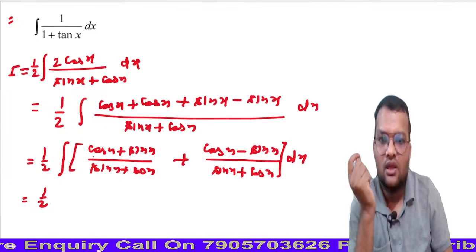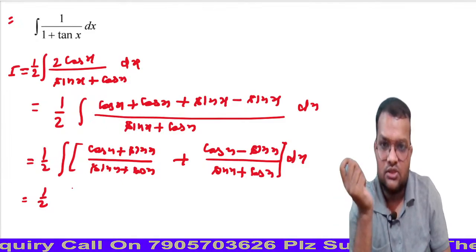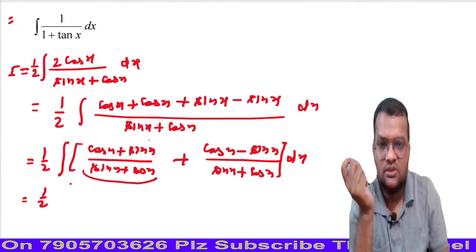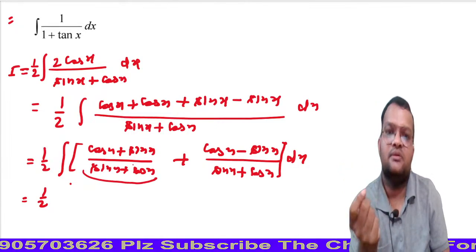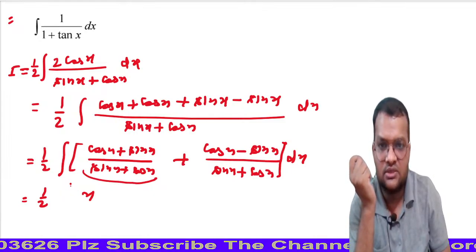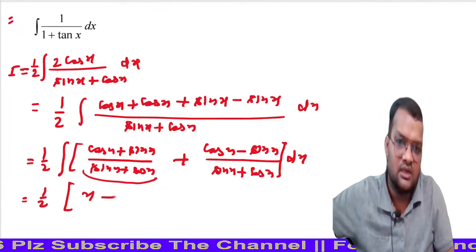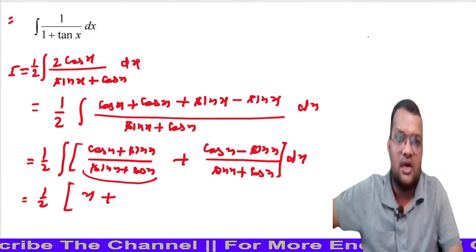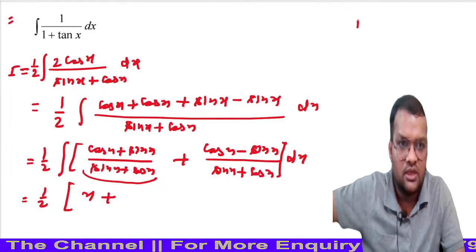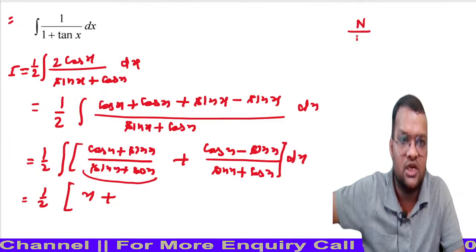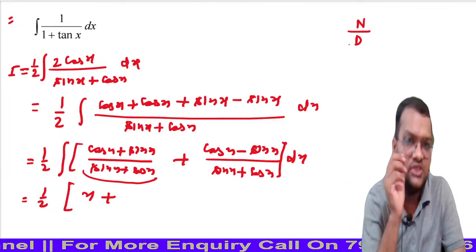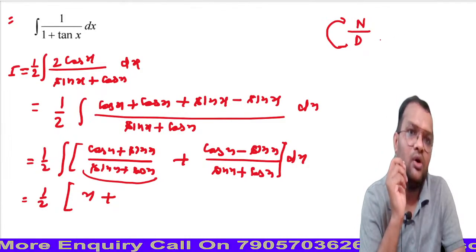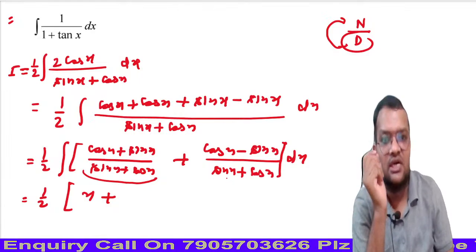Okay. This one, when you integrate, the first term cancels out, it becomes 1, meaning it will be x. Again, in the second term, when you integrate this, as I already told you, if any fraction is written like numerator upon denominator, when you differentiate the denominator and get the value of the numerator, then it is the form of log of denominator. Similarly, it occurs here.